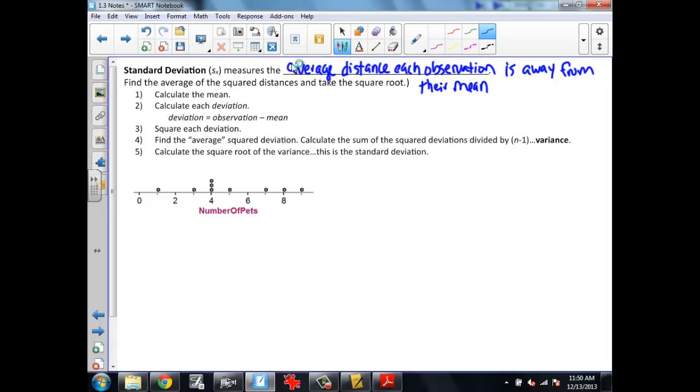The first thing we do is we find the mean. So I'm going to take these dots and I'm going to turn them into numbers. I have a 1, I have a 3, I have 4, 4, 4, I have a 5, I have a 7, I have an 8, and I have a 9. So those are the numbers that correspond to the dots.